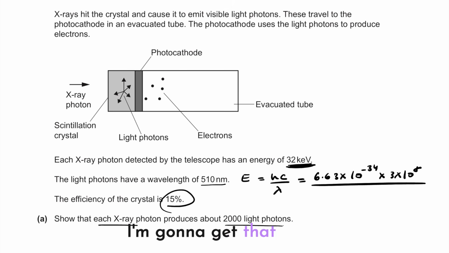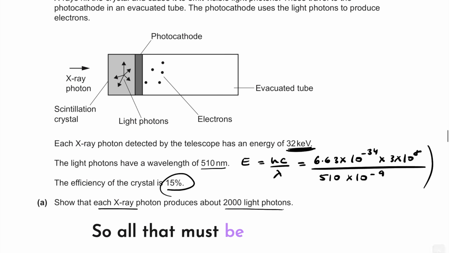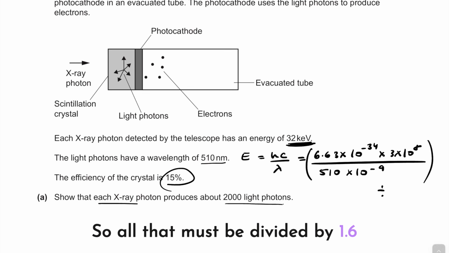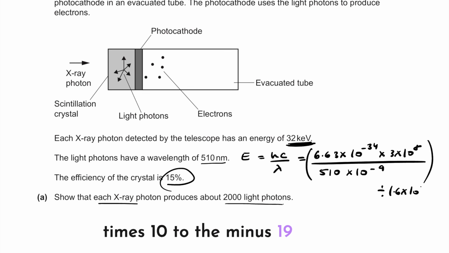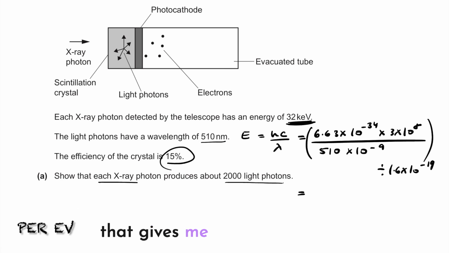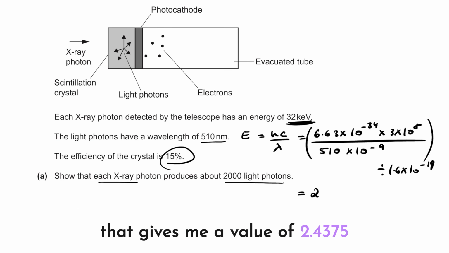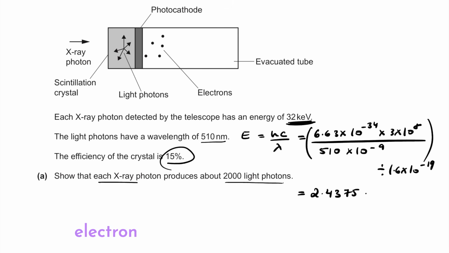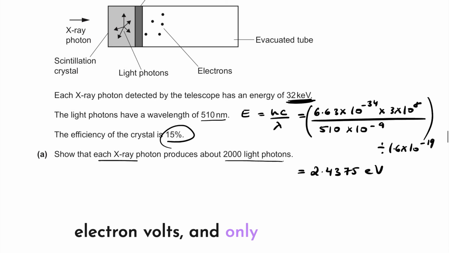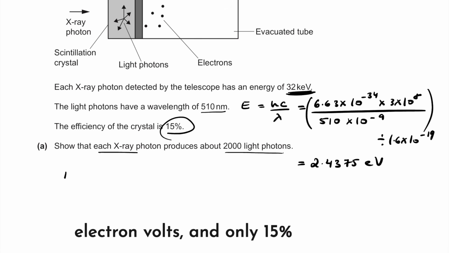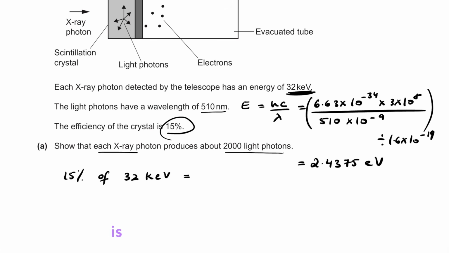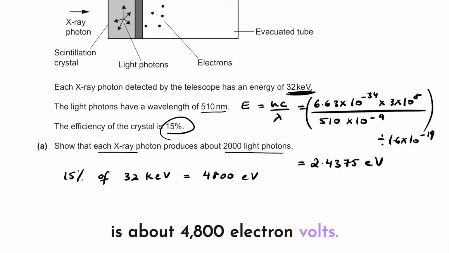I'm going to get that in eV, so hc over 510 nanometers, all divided by 1.6 times 10 to the minus 19 joules. That gives me a value of 2.4375 electron volts. And only 15% efficiency is about 4800 electron volts.